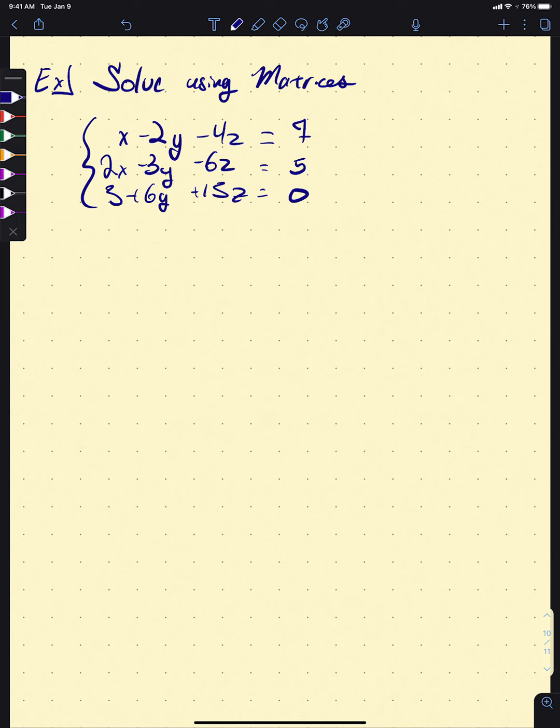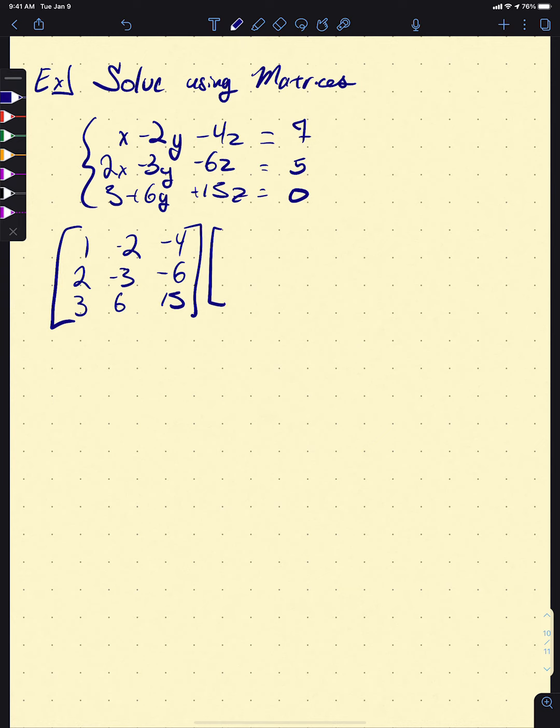And so if we want to solve this system, remember we can break this up into a piece of matrix multiplication, right? And when we break up these coefficients into a matrix, we're going to have 1, negative 2, negative 4, 2, negative 3, negative 6, and 3, 6, and 15, right? That's going to be multiplied by x, y, z.